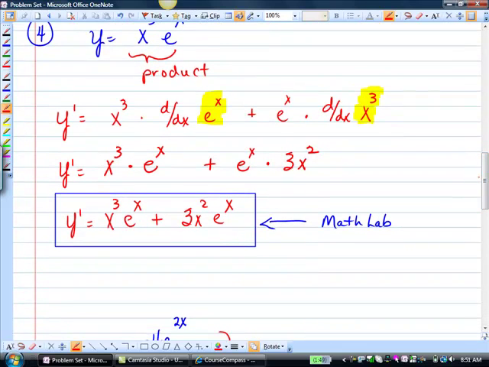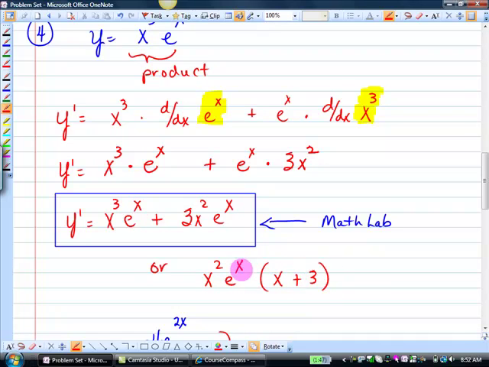Okay. A lot of times if you are in another course or you see it again in calculus, you might factor out what you could there. You could factor out x squared e to the x, and that would look like that.